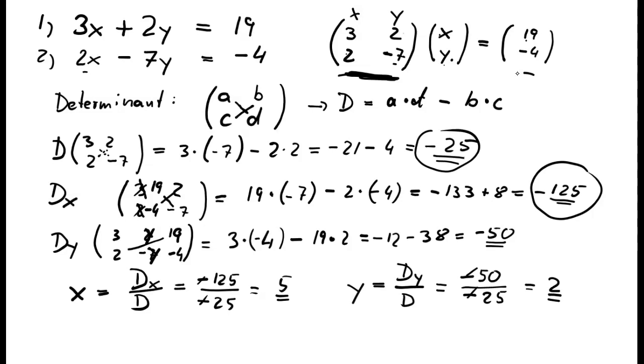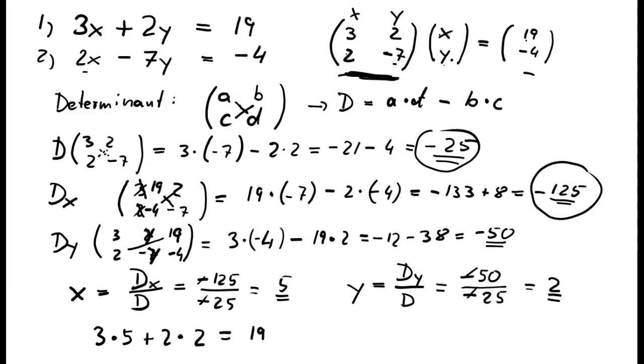Now, of course, we want to double check that this is correct. So we place the values into one of the equations. So we've got 3 times 5 for x equals 5, plus 2 times 2 for y equals 2. And what we've got is 15 plus 4, that's 19.